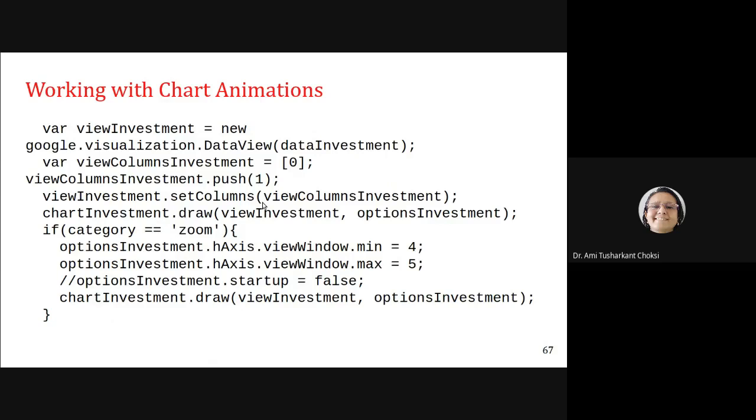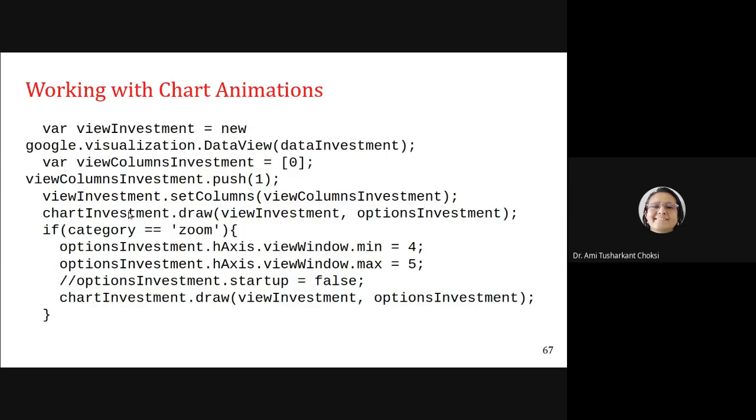Before also we were setting the columns as 0, comma 1, then after its properties, then after comma 2. This is what we are specifying, right? So here we are specifying it this way, that is 0 is there, then after we are pushing 1, so 1 is there, right? Now what to do? viewInvestment.setColumns, and that is what is there for viewColumnsInvestment, that is this one. For this variable whatever we are having, that's what we are specifying here for setColumns.